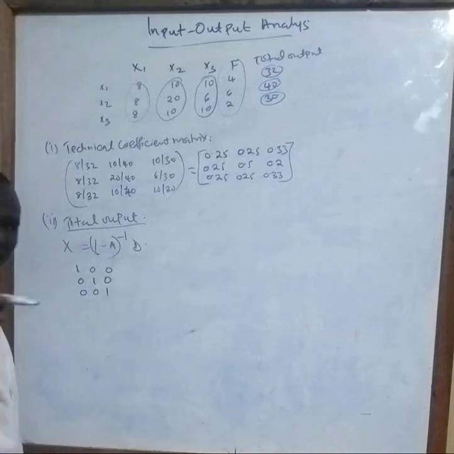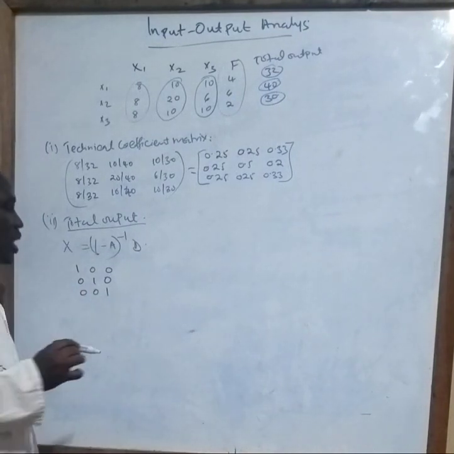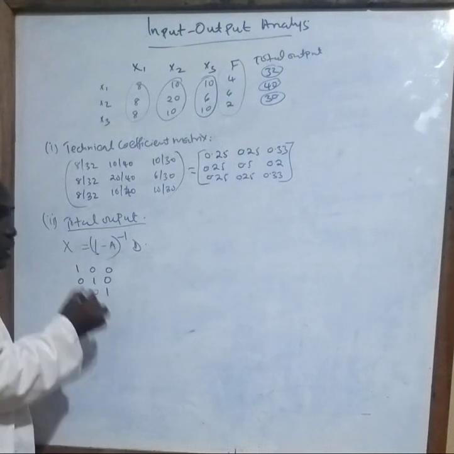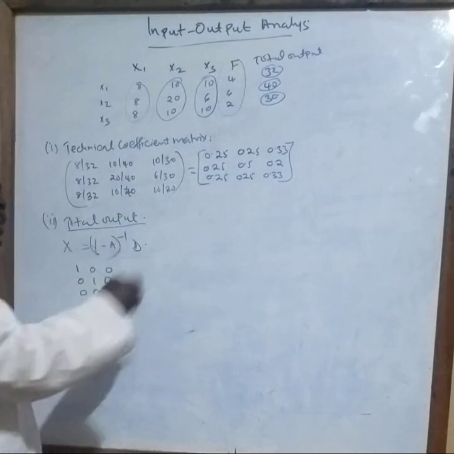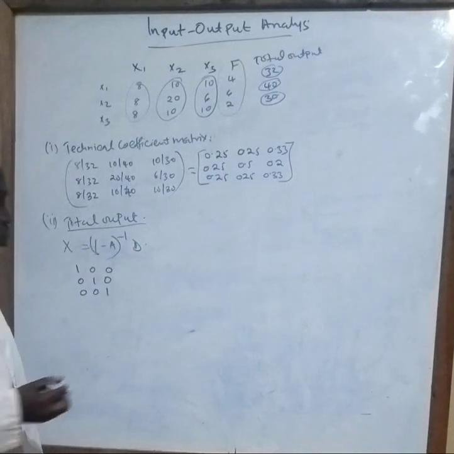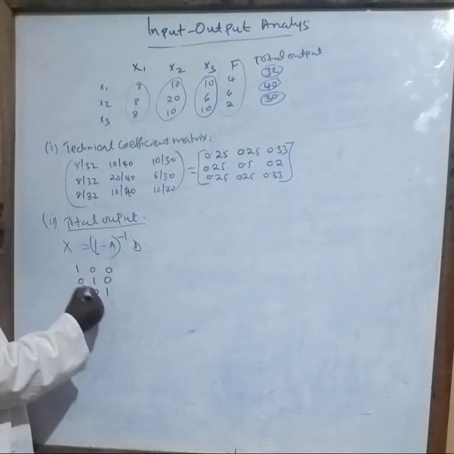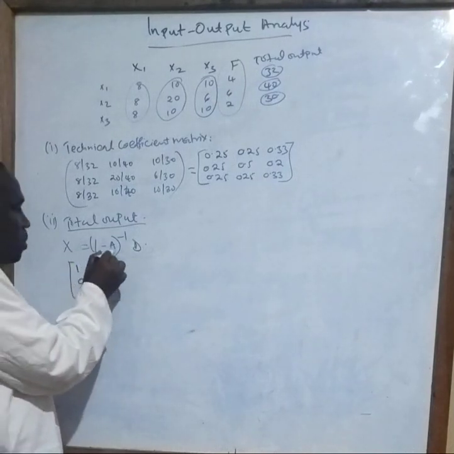The identity matrix is that matrix where the elements along the main diagonal are 1, while the rest of the elements are 0. So that is why they call it the identity matrix. Then you minus A.